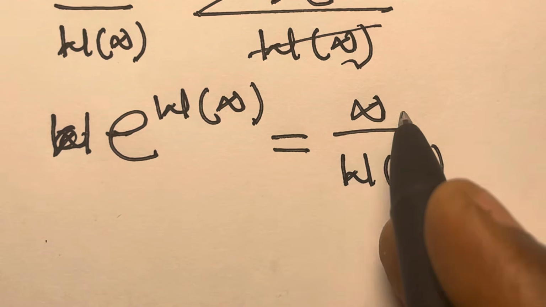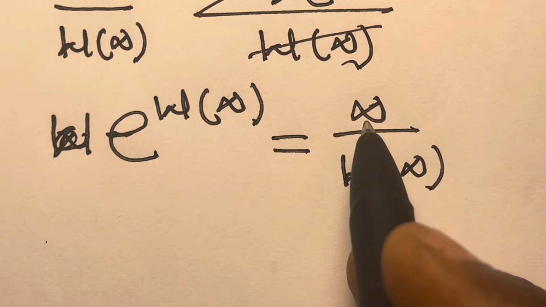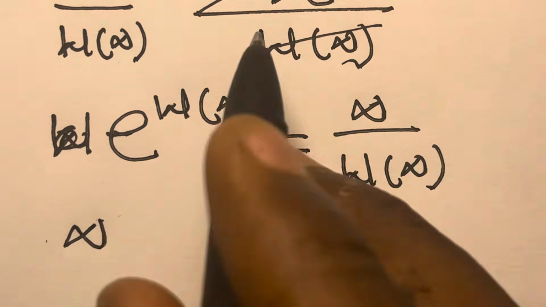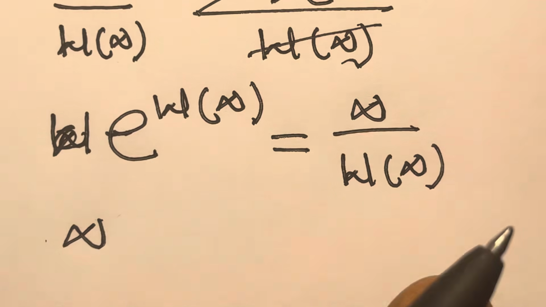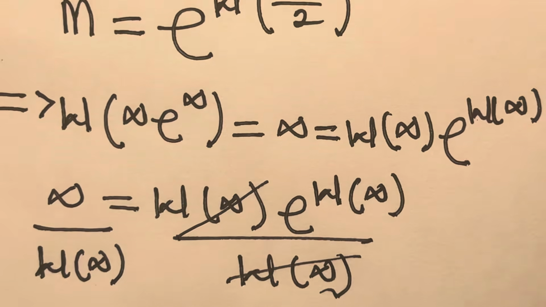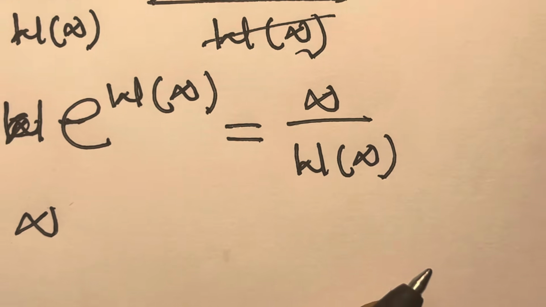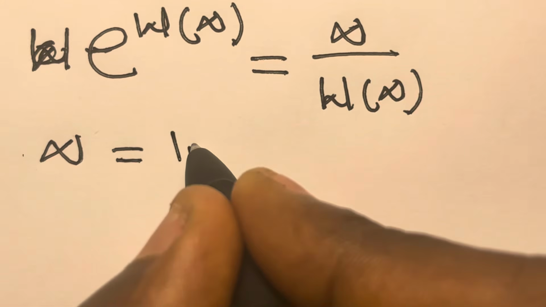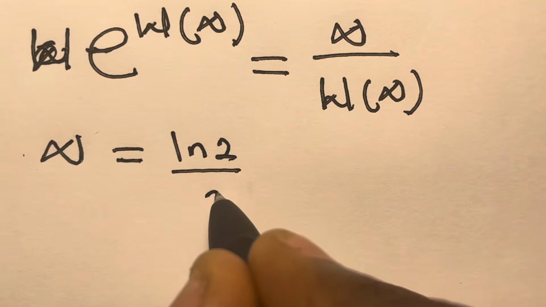So therefore, if we apply this to what we got above, infinity becomes our ln 2 divided by 2.